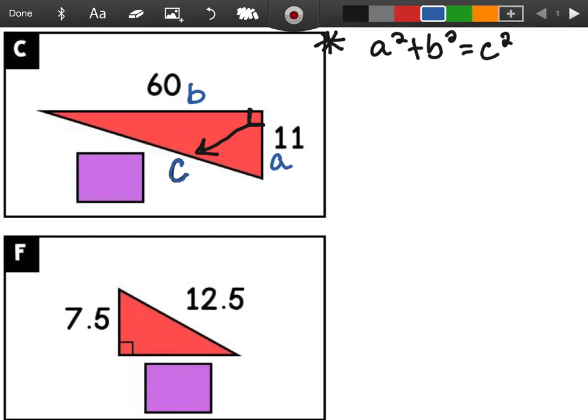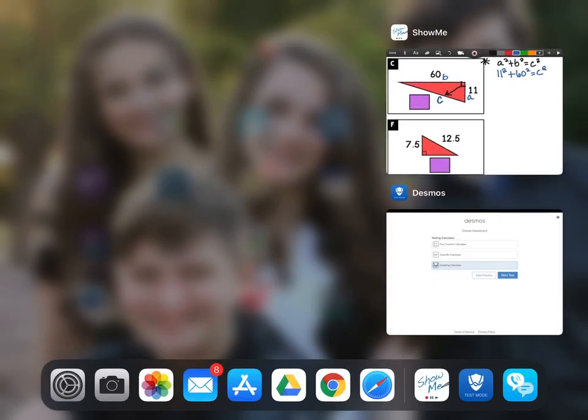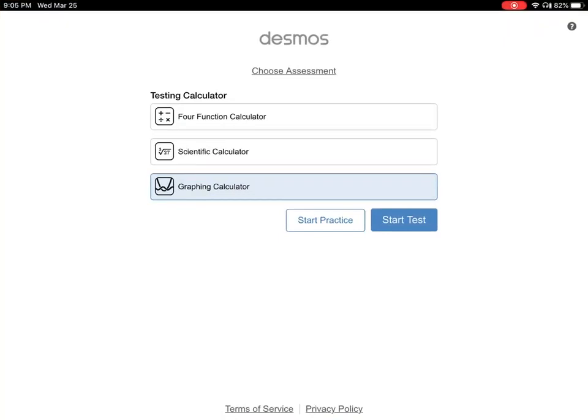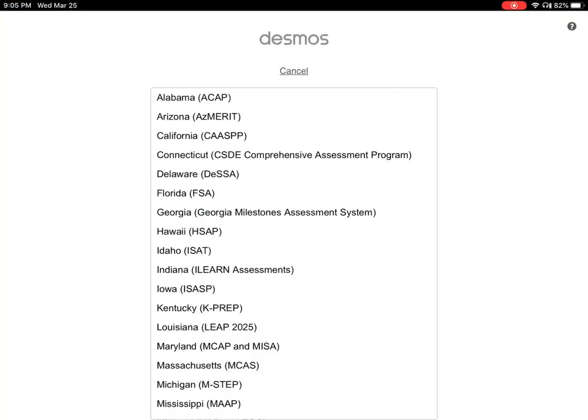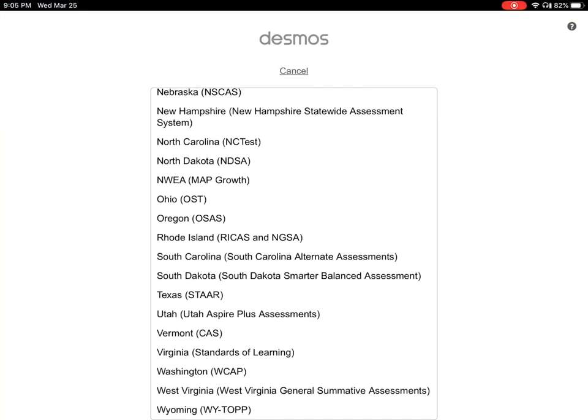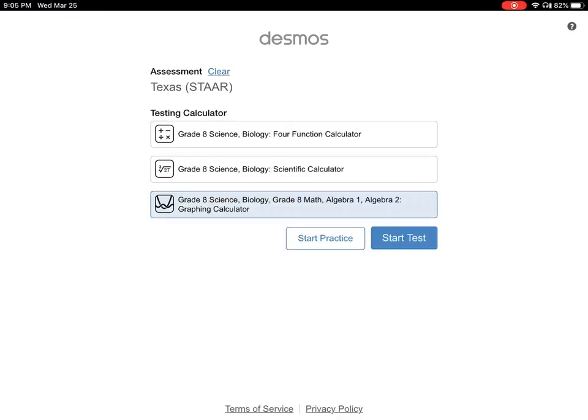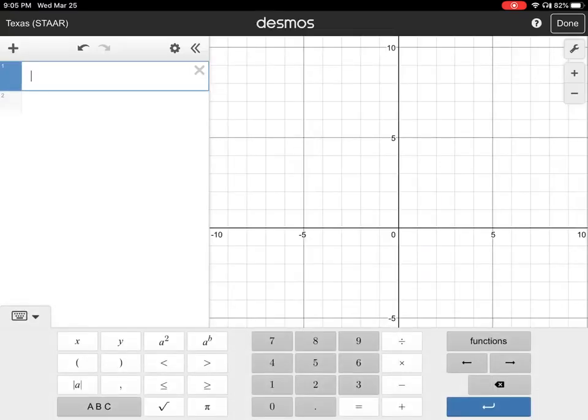So I'm going to fill in my formula. A would be 11 squared plus 60 squared equals C squared. At this point, you have a choice. For me, I'm going to slide over to Desmos. I've got 11 and 60. And remember, when you're in Desmos, first thing you do is choose your assessment, find Texas Star, and start practice.